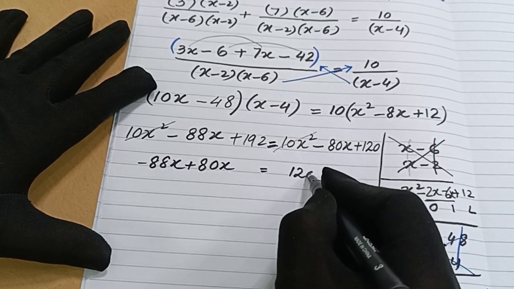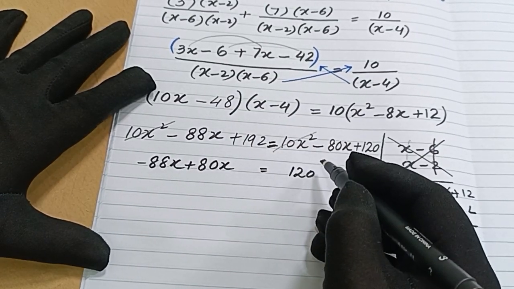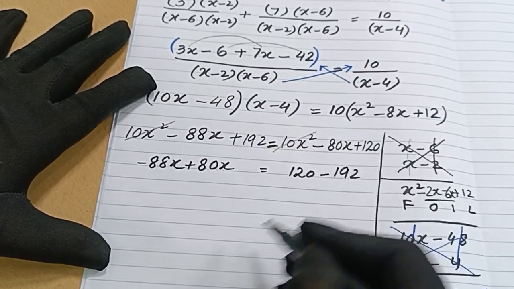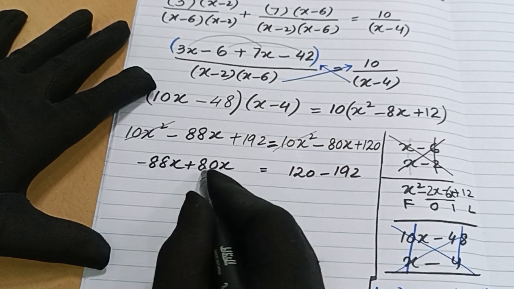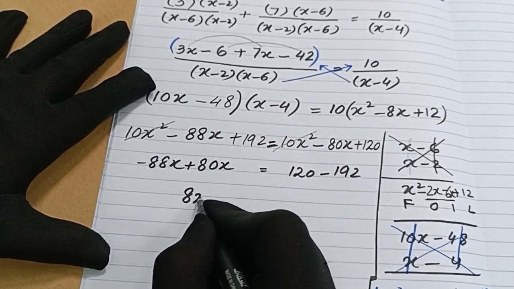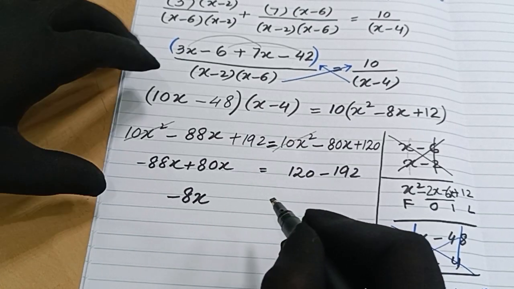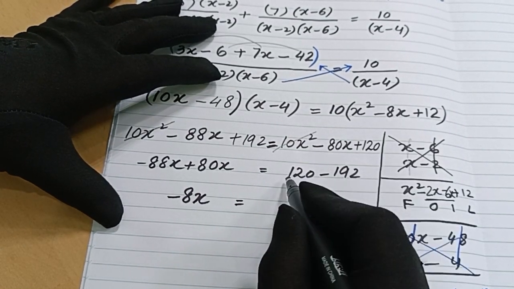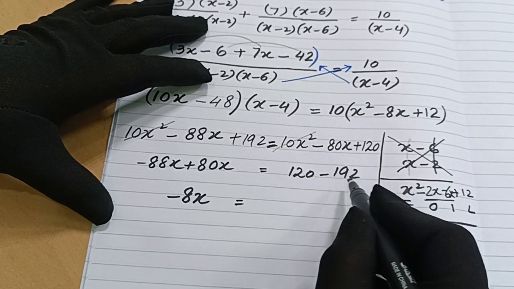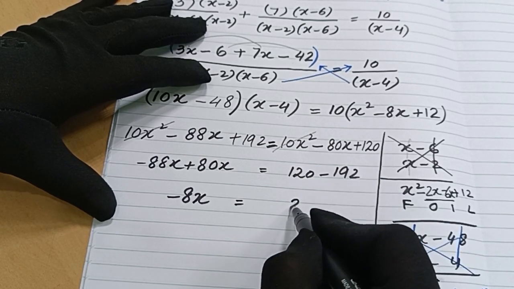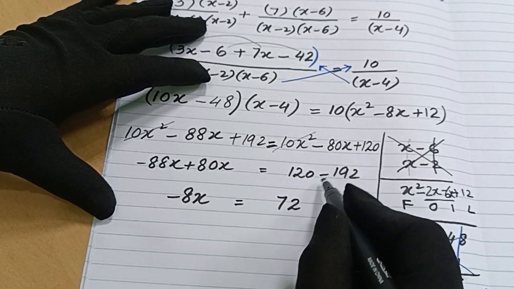Now 120 left here, I will shift this 192 here, it will become negative 192. Okay, 88 minus 80, x, sign of minus will be there because this integer was the bigger digit. Okay, opposite integer 192 minus 120 will do 2 minus 0 is 2, 9 minus 2 is 7, sign of minus, 1 minus 1 is 0.